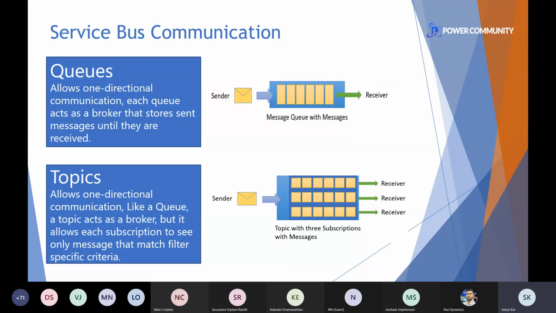It works like a queue, but it allows each subscription to see only messages that match specific filter criteria. So if in this diagram there are three receivers, and three subscriptions have been set up with different filter criteria, even if the message goes to the topic, whichever filter criteria match, that receiver would be able to consume that message. So we'll see that in a demo.